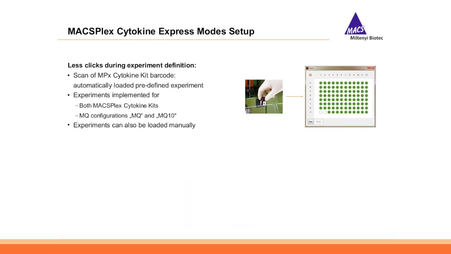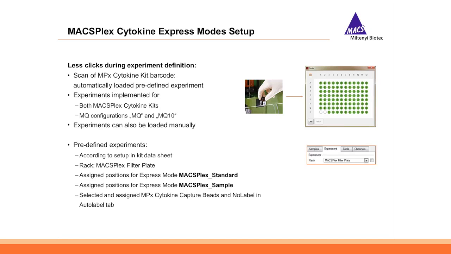And as soon as you scan it, these predefined experiments are automatically uploaded. We've implemented these experiments for both MACSPlex Cytokine Kits and also for the MACSQuant configurations MACSQuant Analyzer and MACSQuant Analyzer 10. If the scanning of the barcode doesn't work, it isn't an issue because the experiments can also be loaded manually.